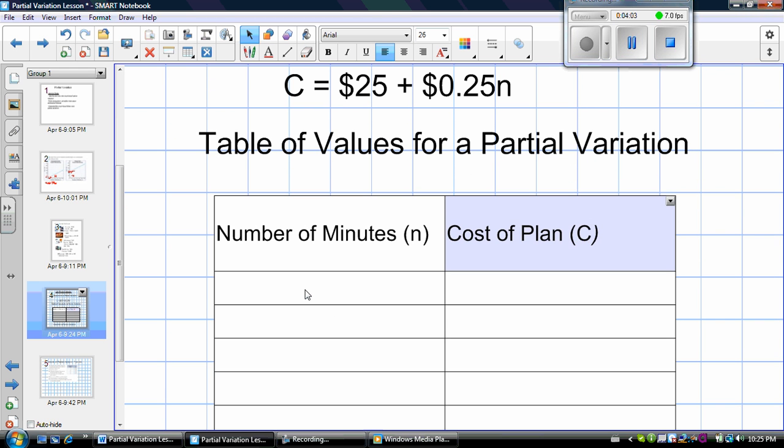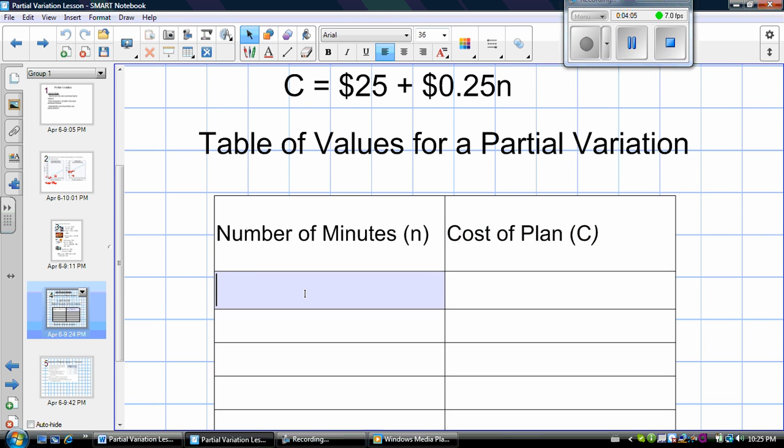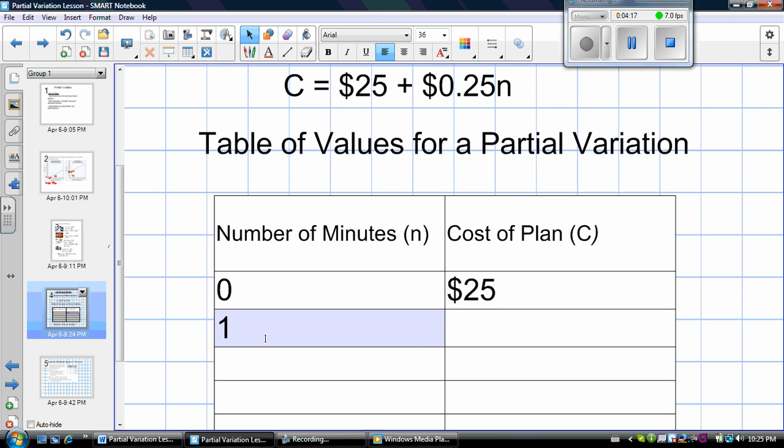So after, let's say, 0 minutes, how much am I going to pay? Well, if I don't go over my monthly minutes, I'm only going to pay the monthly plan, which is the $25. Let's say 10 minutes, how much am I going to pay for the phone? Well, I'm going to have to pay the 25 plus each of those 10 minutes costs 25 cents.